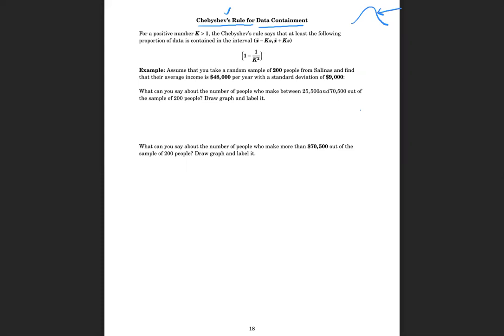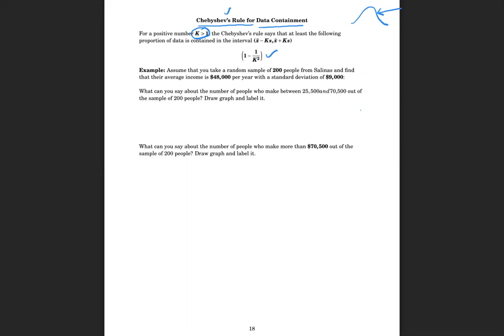Now, what does Chebyshev's rule tell you? Let's assume that k is a number greater than 1. Chebyshev's rule says that if you move k standard deviations to the right and k standard deviations to the left, you contain at least this much data: 1 minus 1 over k squared. That will be a fraction, by the way.